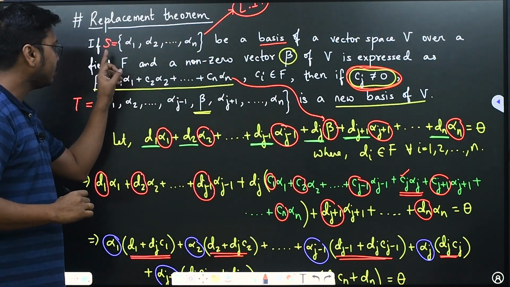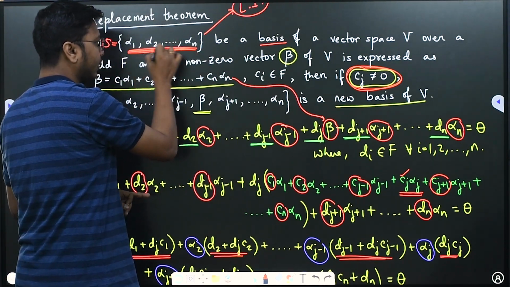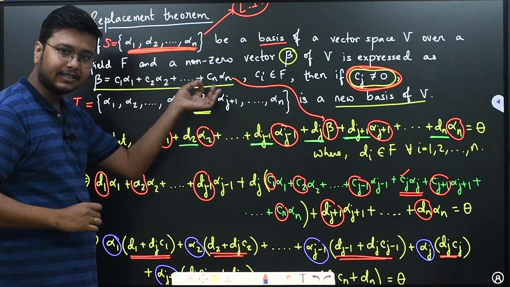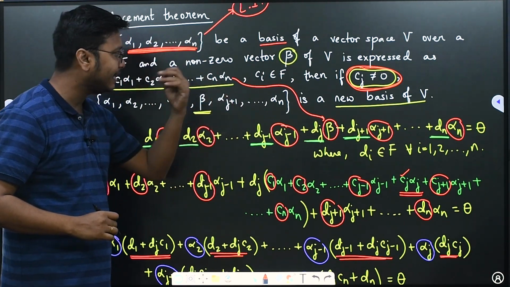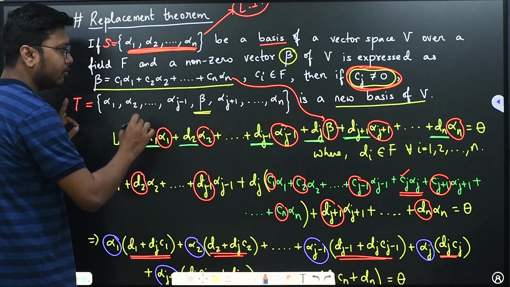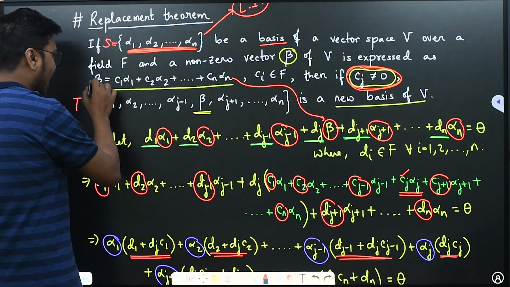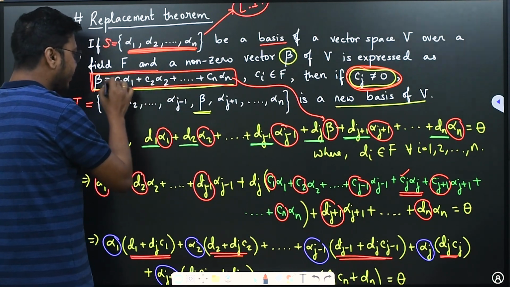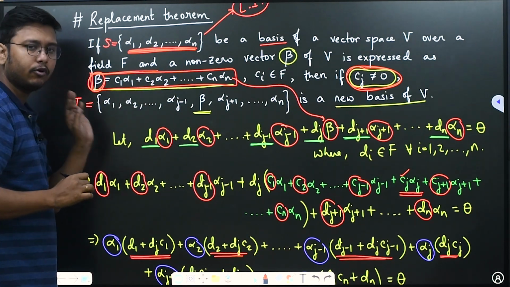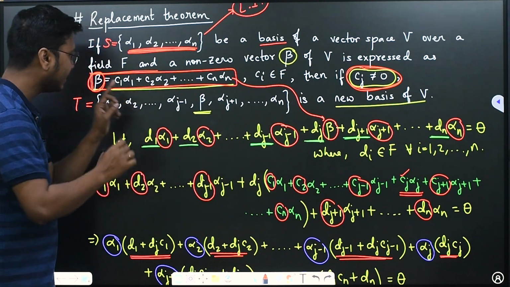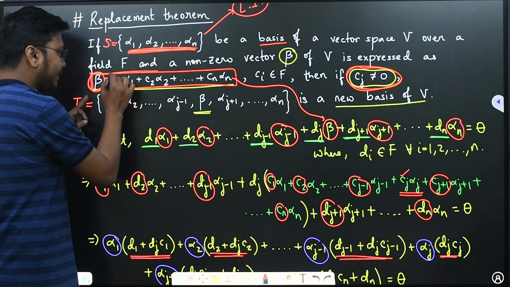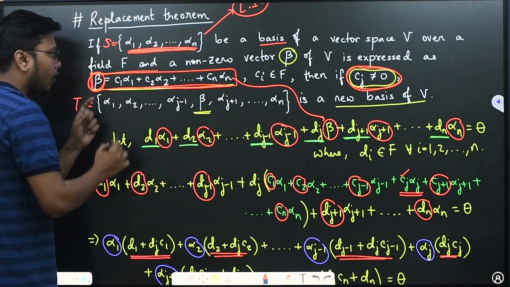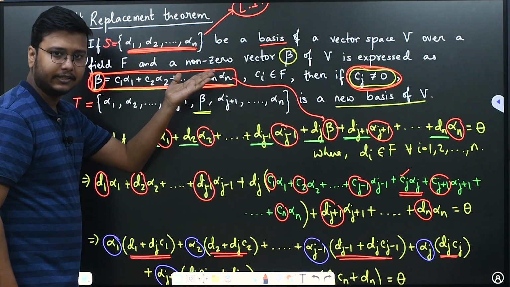If this is the given original basis, and I want to replace some particular element, let's say the jth element, I have to express the element which I want to introduce in the new basis. Suppose I want to introduce the element beta in the new basis. I have to first of all express beta as a linear combination of the elements of the previous basis.